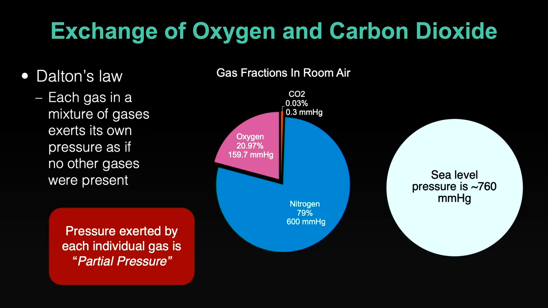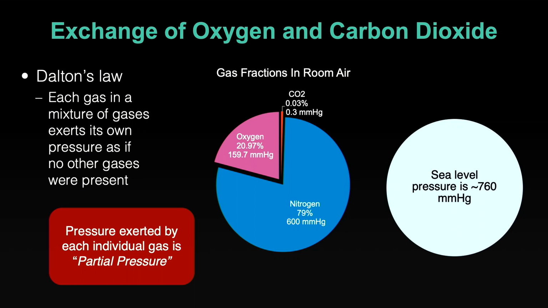Same atmospheric pressure, different partial pressures. So we're not only adhering to overall pressure. If we were, all gases would move in the same direction. Partial pressures are what dictate the movement of individual gases.